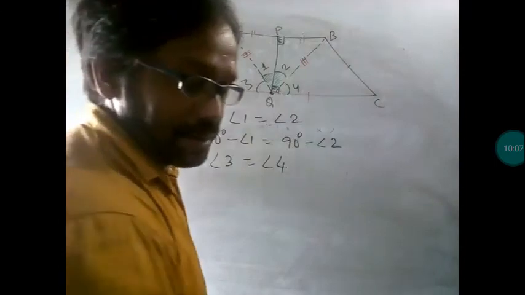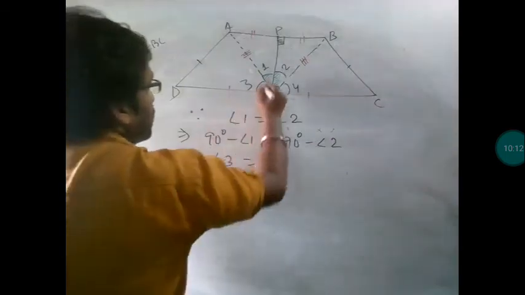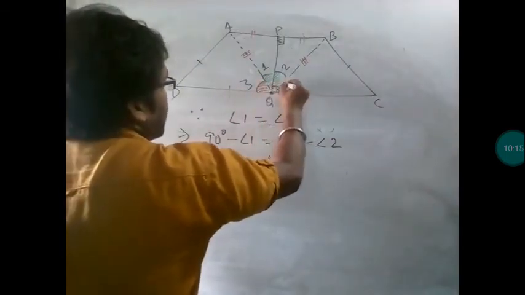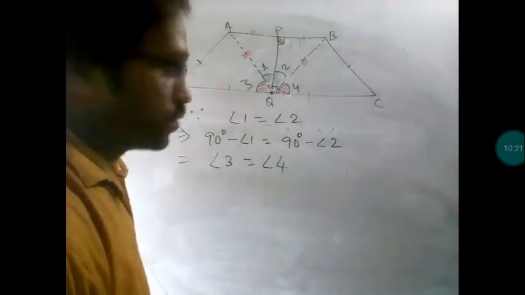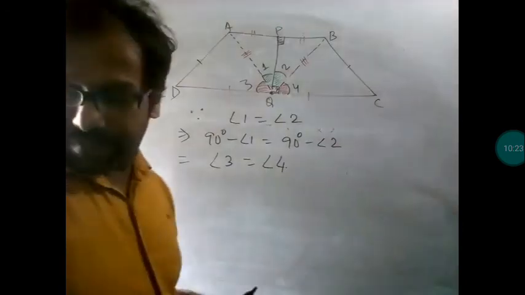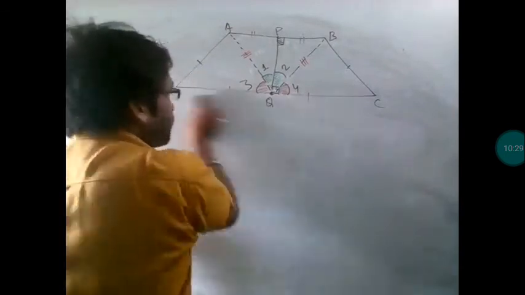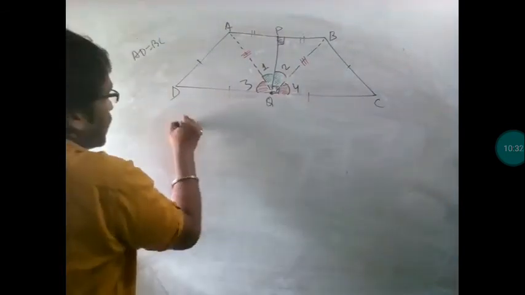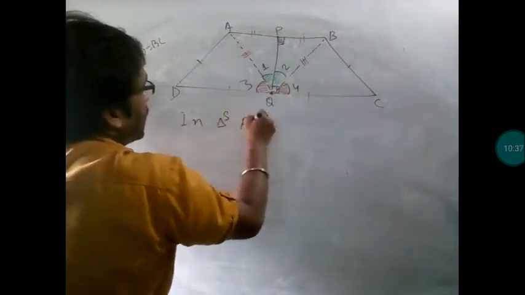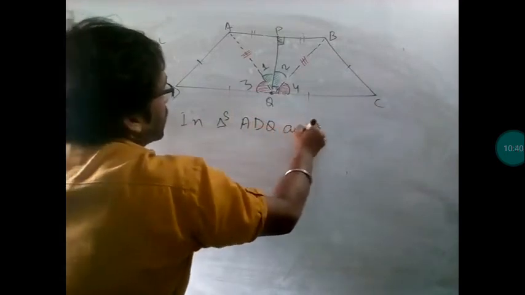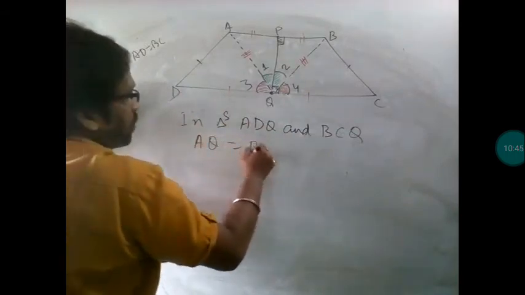Now, as I said earlier, I will go to triangles ADQ and BQC. Why? Because I have got enough hint to prove AD is equal to BC. Logically, I will prove AD is equal to BC with reason. In triangles ADQ and BCQ, AQ is equal to BQ, we have proved.